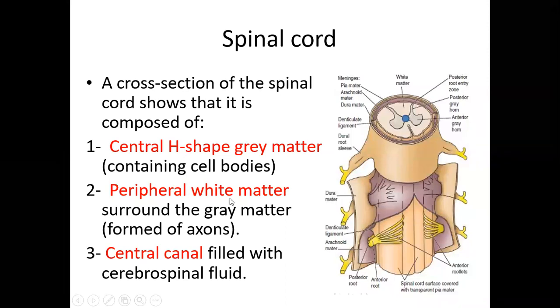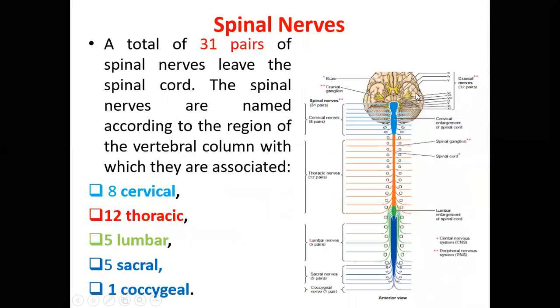So the peripheral part, white matter, surrounds the gray matter, formed by axons. There will be a lot of fibers running, tracts. Okay, ascending and descending tracts. Then there is the central canal. If you see at the center, the central canal is filled with cerebrospinal fluid. So the central canal will be filled with CSF, as well as even surrounding there will be CSF.